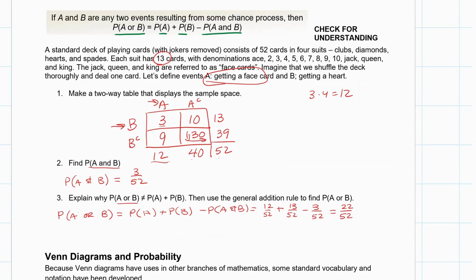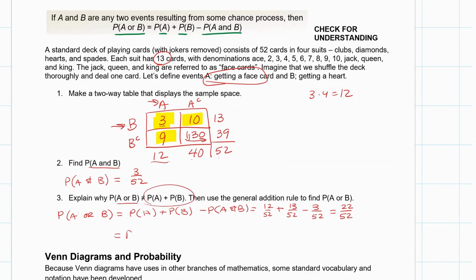Now, we could do it that way. We could also have added up the 3 numbers that make up A or B or both. And you can see there that it also ends up being 22/52. Now, why couldn't we just do A plus B?